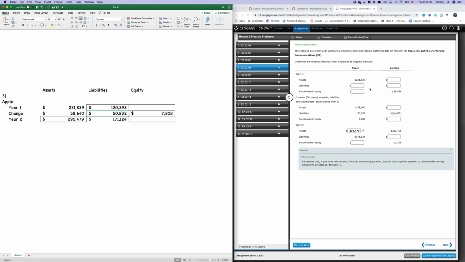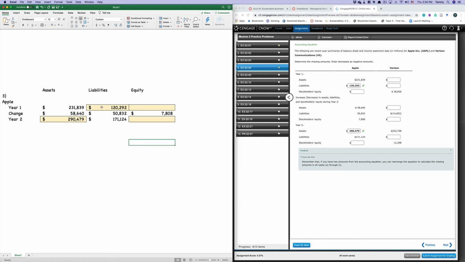So we can solve the liabilities for the first year and check my work there, and that one is right. I'm going to color these so that you can see which ones need to be completed. Now we're almost there.